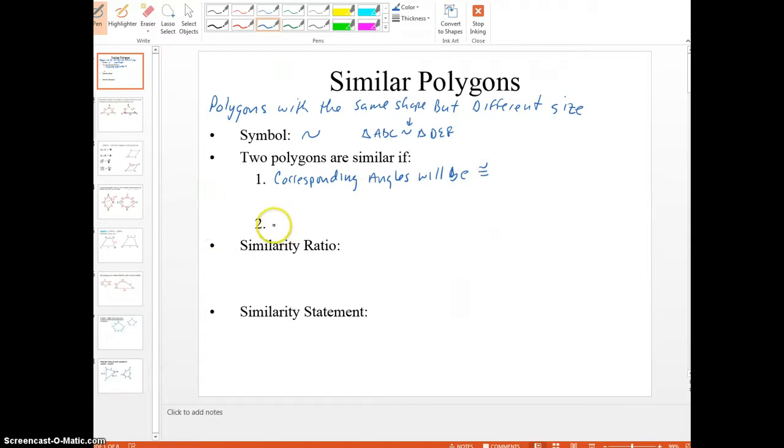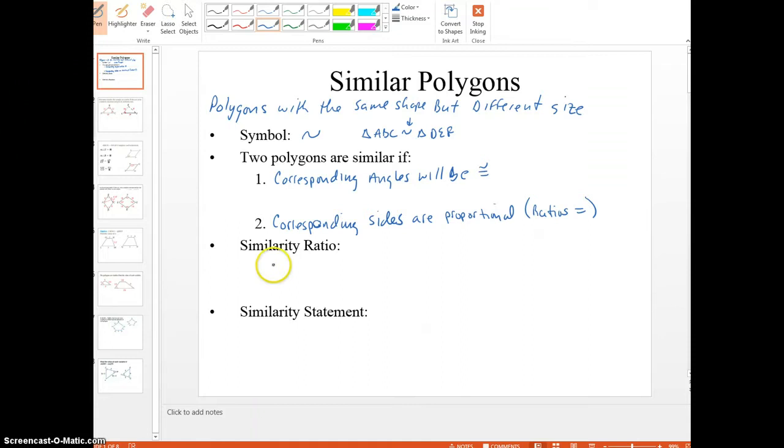Now the different size: the sides aren't congruent, what we say is the corresponding sides are proportional. And what that means is all the ratios are equal. So in order to show two polygons are similar, we'll have to show all corresponding angles congruent, all corresponding sides proportional.